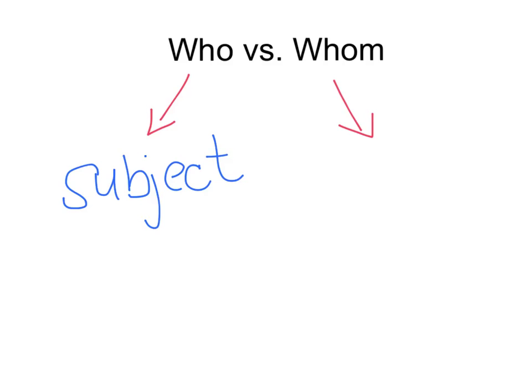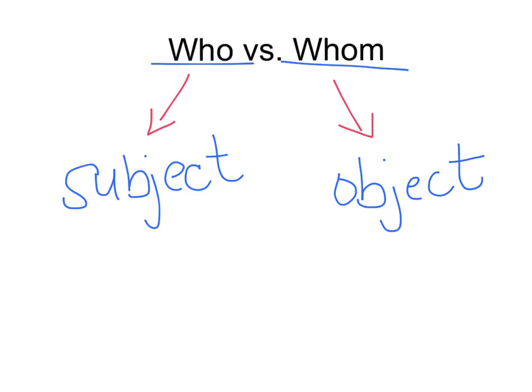All right, and then moving over to whom, this is going to act just like an object pronoun that we talked about in the personal pronouns, and it's going to take the job of just about everything else. Direct object, indirect objects, etc. So, know the difference between who and whom, one being subjective and the other one being objective.